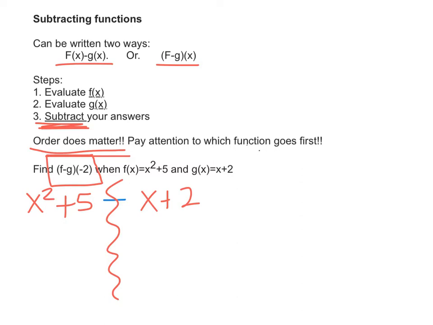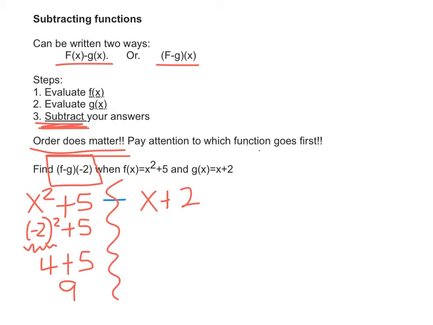X squared, so take out x and plug in a negative 2, bring down your squared, plus 5. PEMDAS tells us to square first, so negative 2 squared. Negative 2 times negative 2 is a positive 4. Bring down our plus 5. 4 plus 5 is 9.